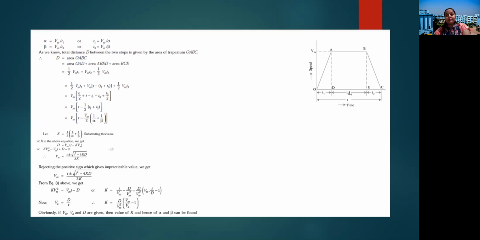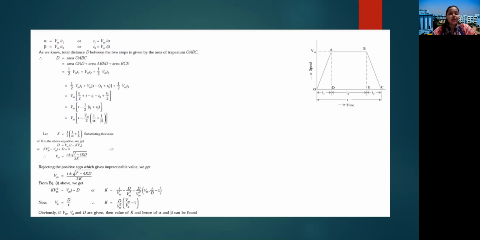Now come to the mid part. This is a rectangle, so the area will be base into height. The base is time T2 and the height is maximum velocity Vm, so it has been written here as Vm into T2. Now we have the values of T1, T2 and T3 in terms of alpha and beta.